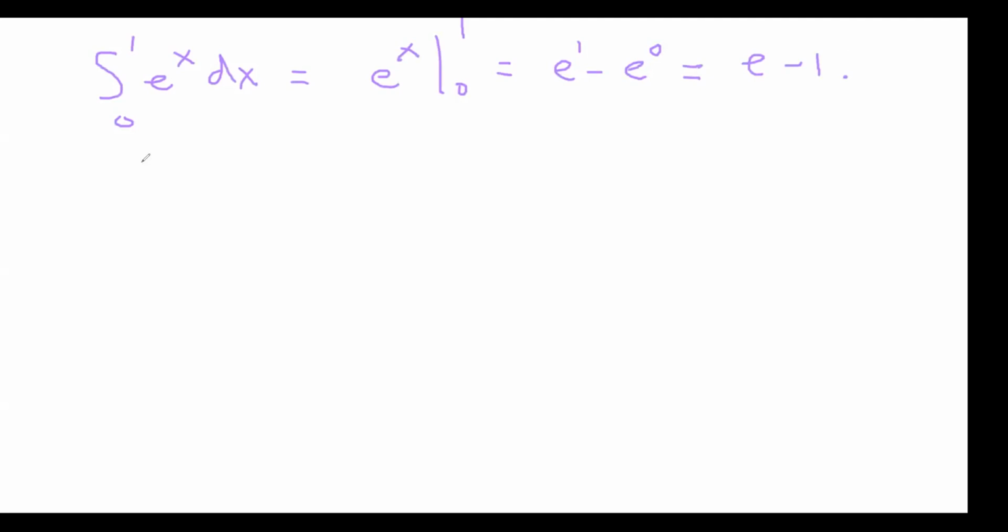And so using a calculator, we can tell you what e minus 1 is. If we take e minus 1, we get 1.71828.